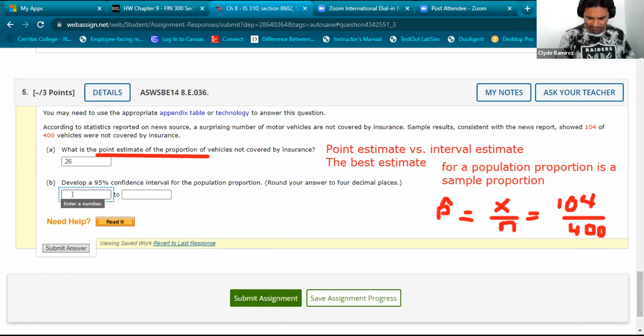I see you, Shauna. I'll put it on the screen. x is 104, n is 400, and my confidence level is 0.95. I'm getting 0.4524 to... I'm getting 0.63, Shauna. 6385.